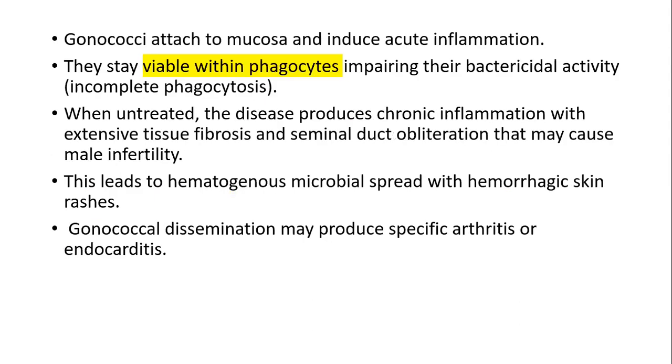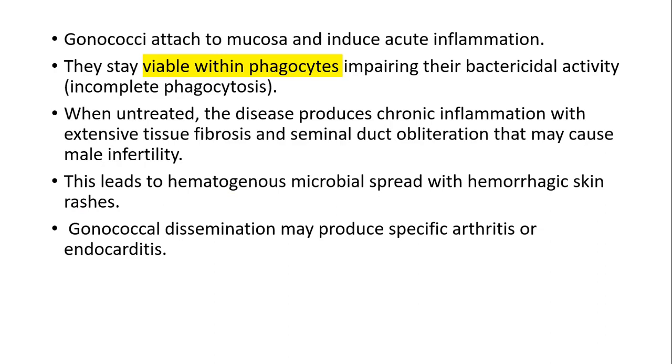Gonococcus attaches to mucus and induces acute inflammation. They stay viable within phagocytes, impairing their bactericidal activity, causing incomplete phagocytosis. When untreated, the disease produces chronic inflammation with extensive tissue fibrosis and seminal duct obliteration. They may cause male infertility.